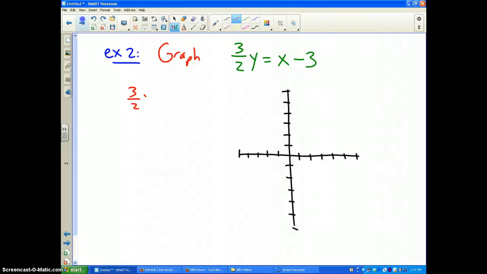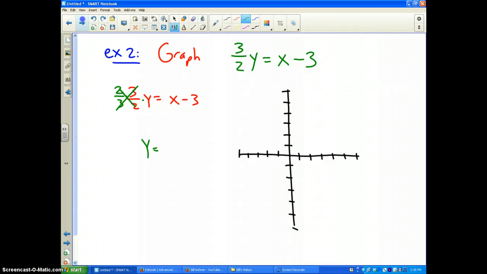I'm going to rewrite the equation. And again, I need to solve for y. That means I've got to get rid of the fraction 3/2. And if you recall from your earlier math career, it's times. So to get rid of this fraction, I invert and multiply, because the 2's will cancel and the 3's will cancel, and I get y left over.